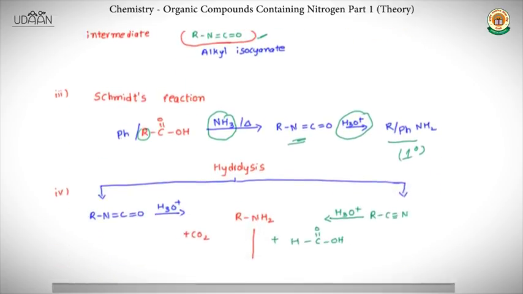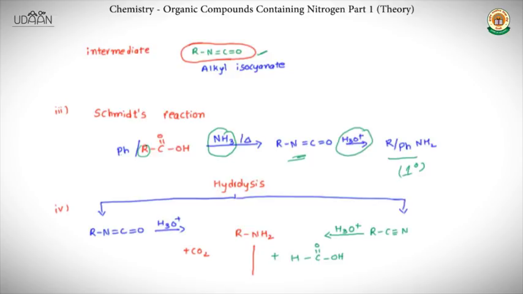Now let us see the hydrolysis reactions. Here we have been talking about hydrolysis. Hydrolysis of this gives you a primary amine. Now let's see the important hydrolysis reactions. In the preparatory methods, two important reactions are there. One is the hydrolysis of alkyl isocyanate, and the next one is the hydrolysis of cyanide, as you can see CN here.